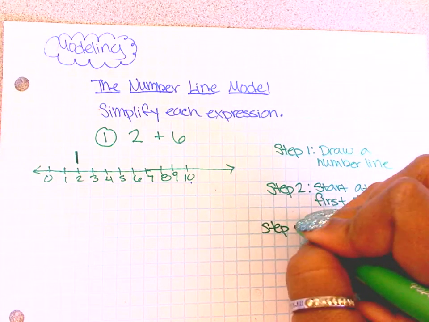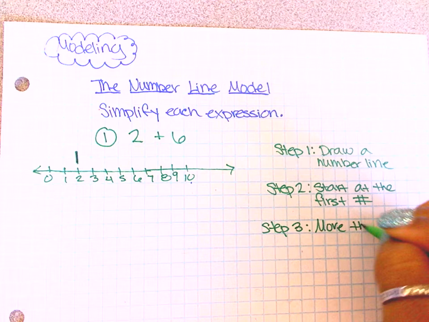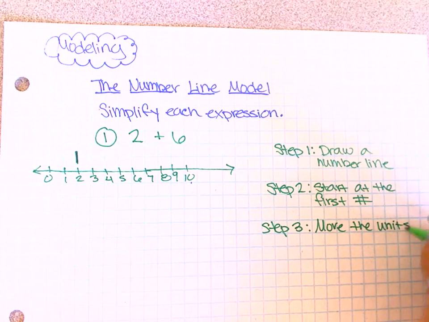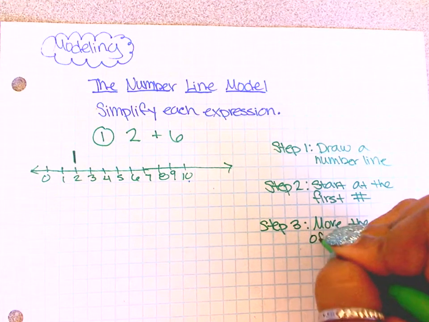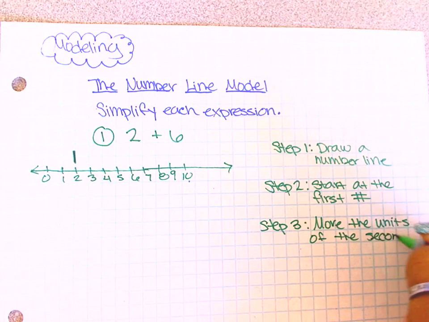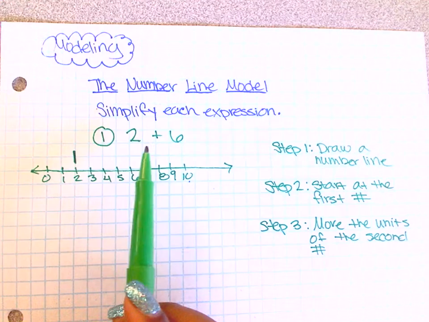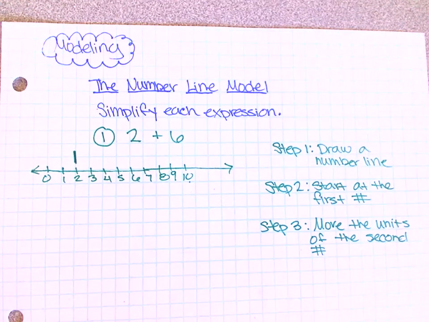Step 3, move the units, the amount of the second number in your problem. So I'm looking, okay, it says addition, so that means I'm going to go to the right.